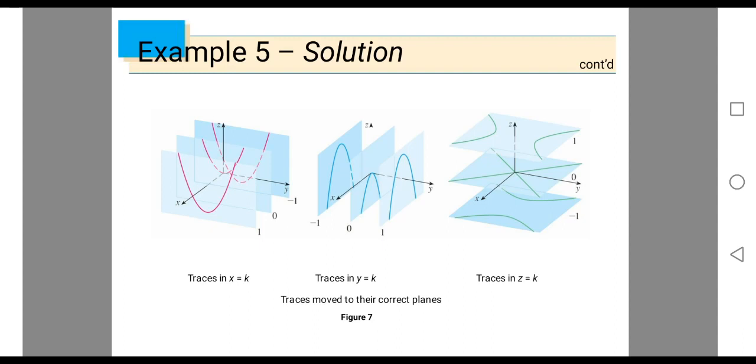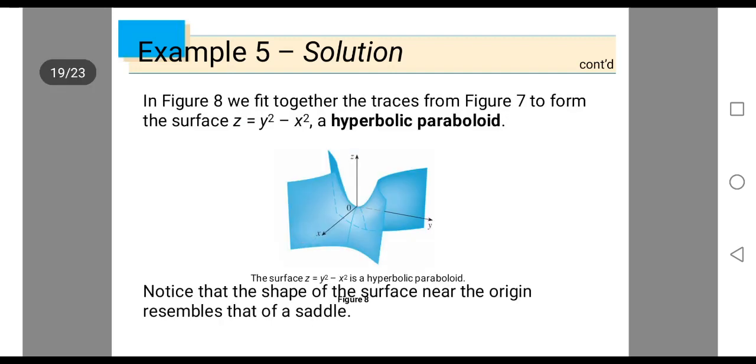Whereas on the other hand, we see the traces in y is equal to k are facing downward, and the traces in z is equal to k are hyperbolas. You can see these are in the form of hyperbola. So when we join all of these traces, what do we make? We make a hyperbolic paraboloid.